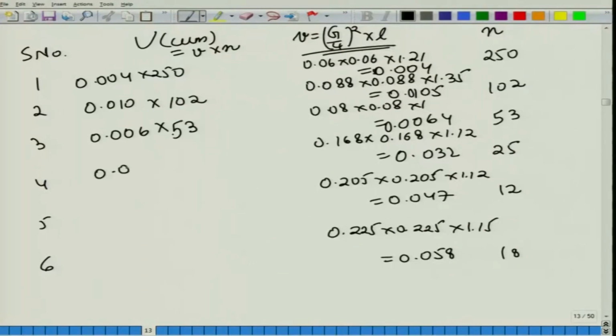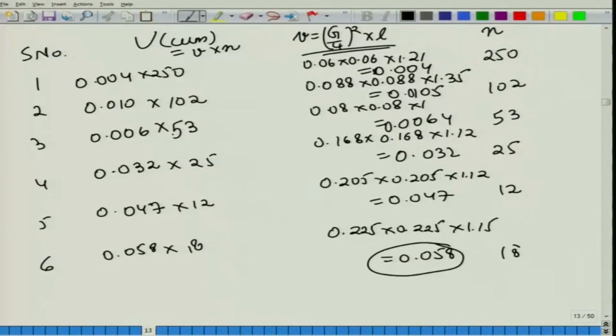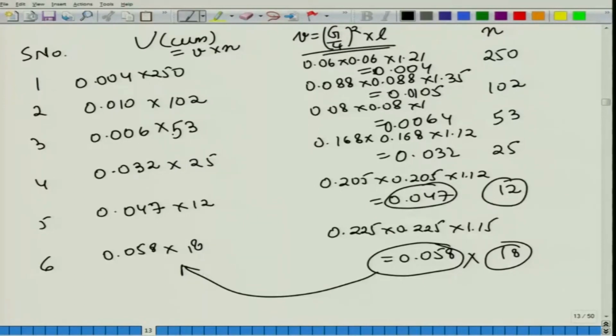Then we have 0.032 into 25, 0.047 into 12, 0.058 into 18. So, what we are doing is we are taking this value for V, this value for N, and we are multiplying both of these to get this value.